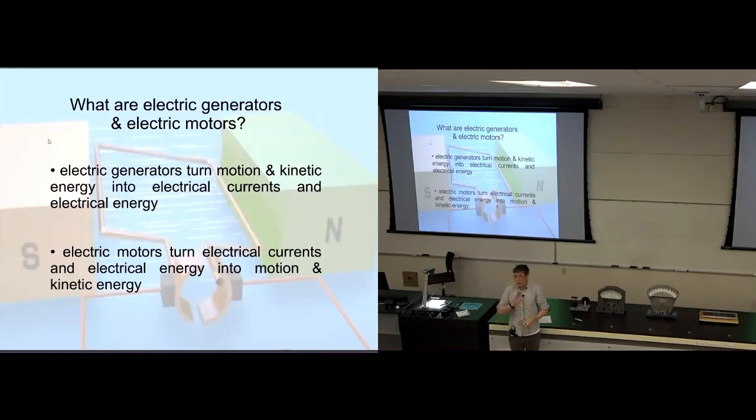The washing machine, the dryer, all these things involve electrical motors that are turning electrical energy into kinetic energy. Electrical generators are the reverse. They're turning kinetic energy, some sort of motion, into electrical energy, electrical power and electrical currents.